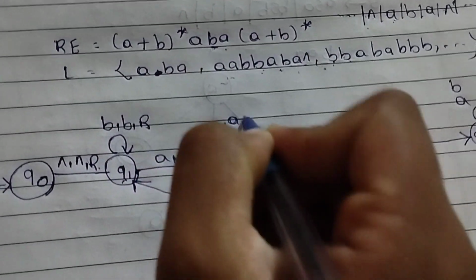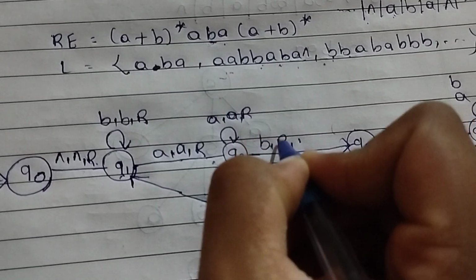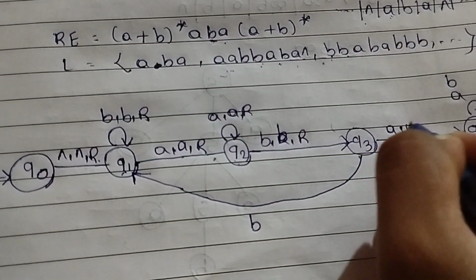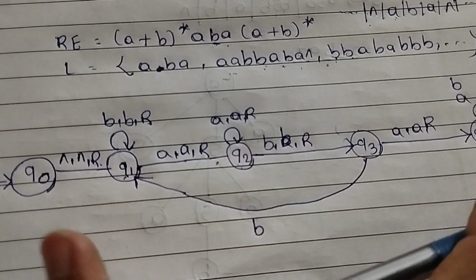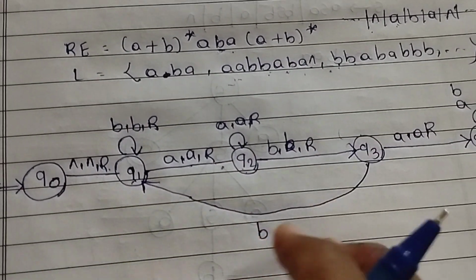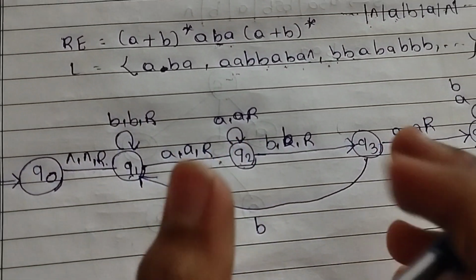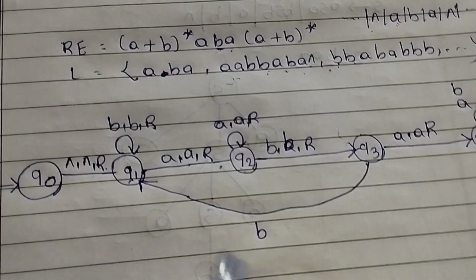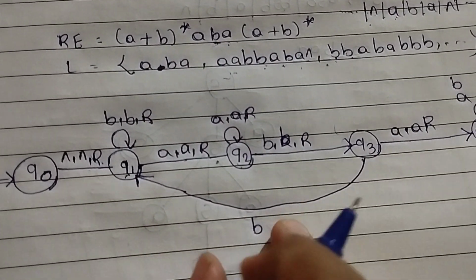Now don't think about anything here, because when we construct the DFA, at that time we think about this ABA, and we construct all the things required to draw here.